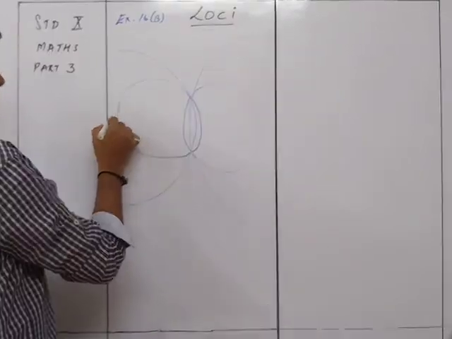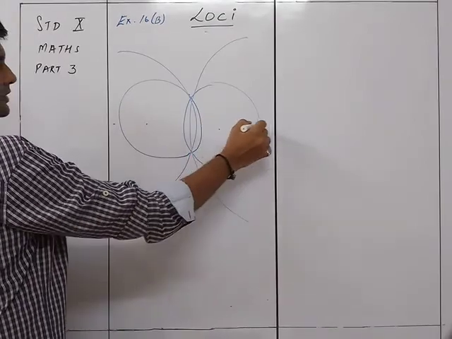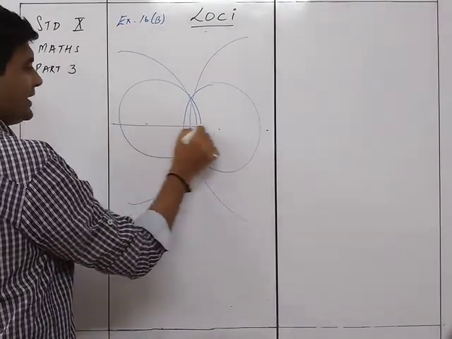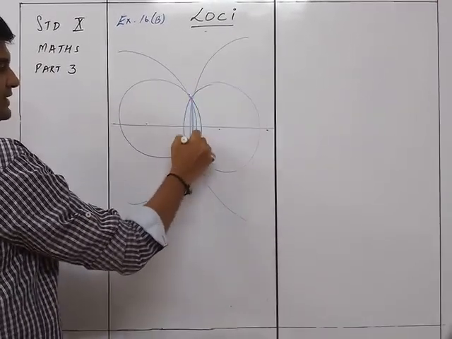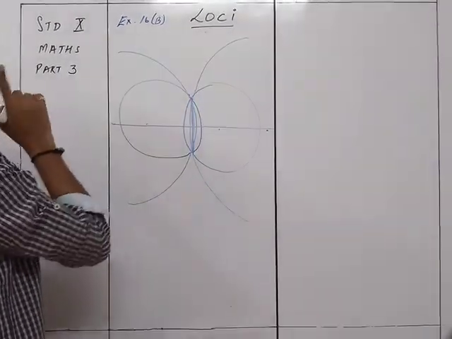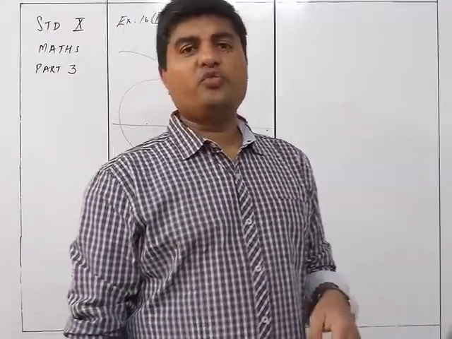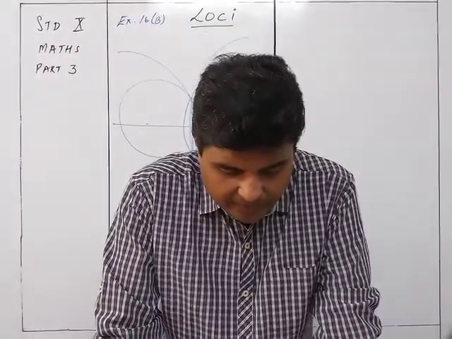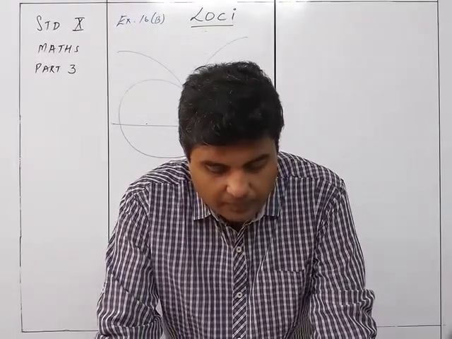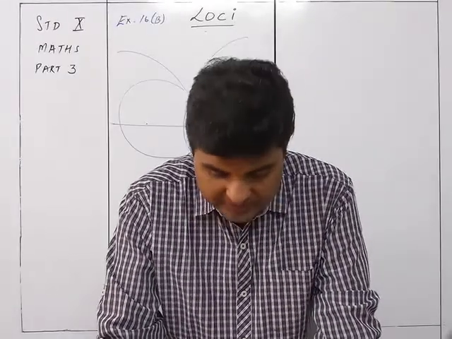You can see all of them will have center here, center here, center here, center here. So that will be a straight line which will actually be the perpendicular bisector of this particular line. So accordingly, it will be the perpendicular bisector of the two fixed points. Okay, so the answer to question number 9 will be the perpendicular bisector of the line segment joining the two given fixed points.